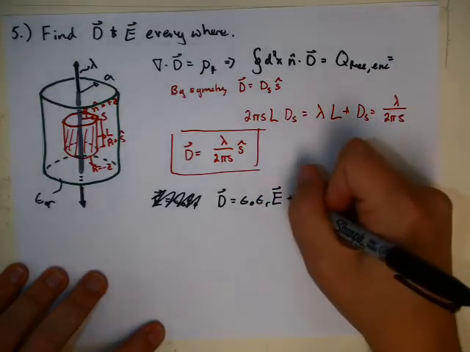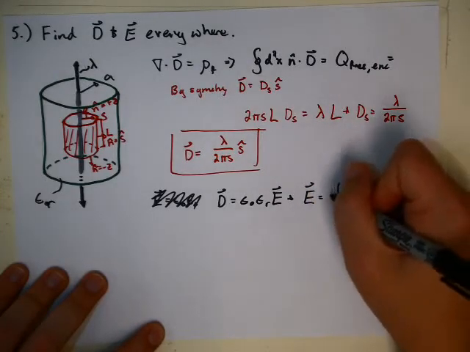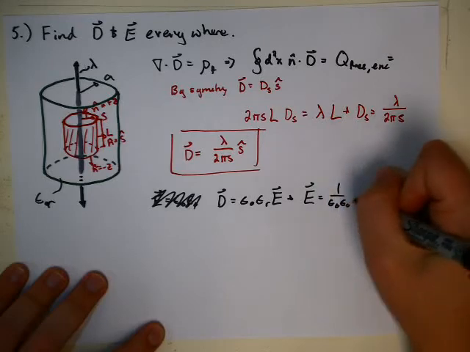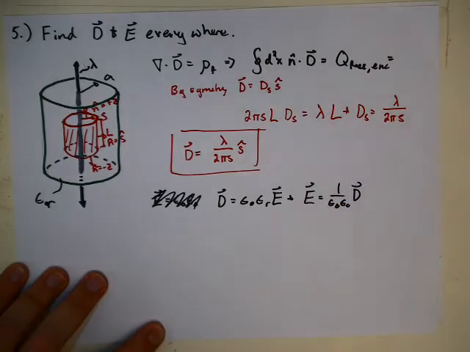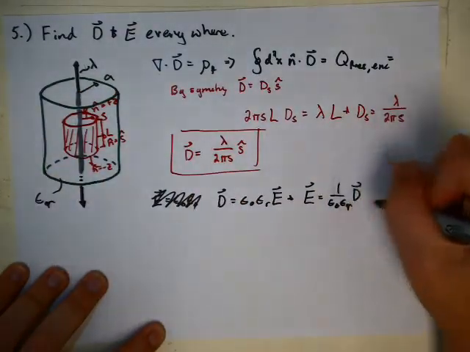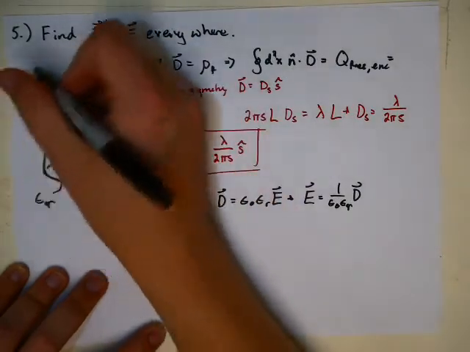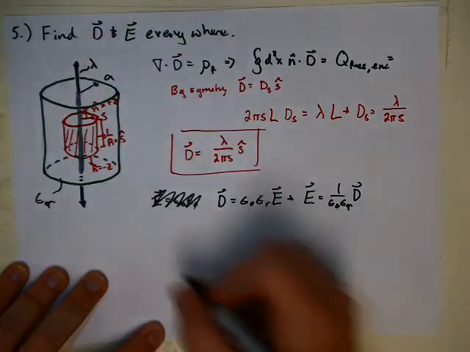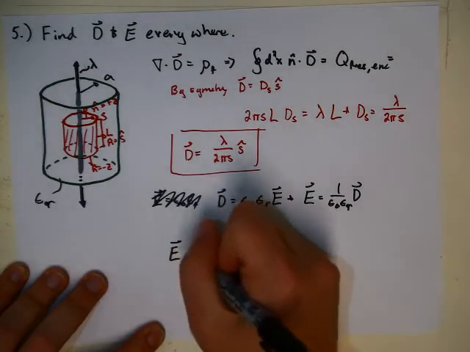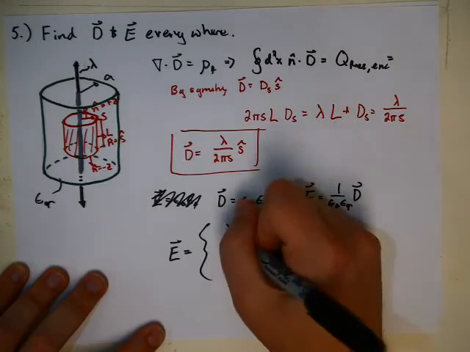Solving for the electric field, we have that E is 1 over epsilon naught epsilon r times this. Now, epsilon r is something not 1 in this region, and is equal to 1 outside of that. And so here I have a piecewise function, which is a fairly trivial thing to write down, so we'll go ahead and do it.